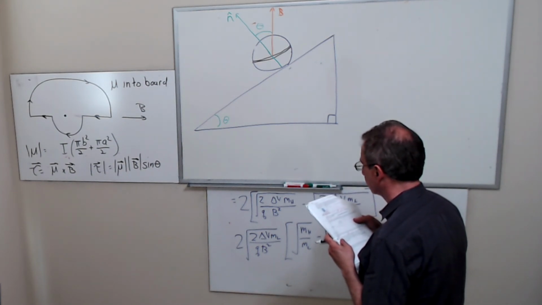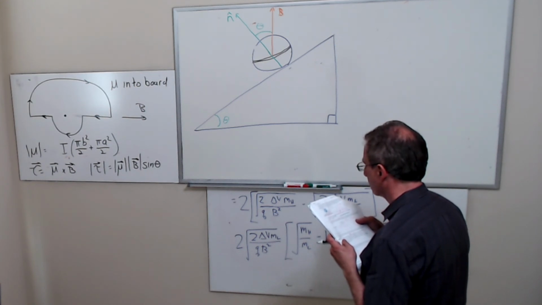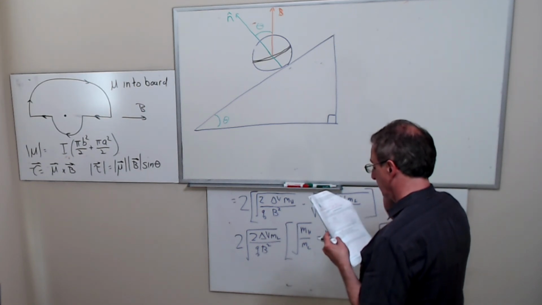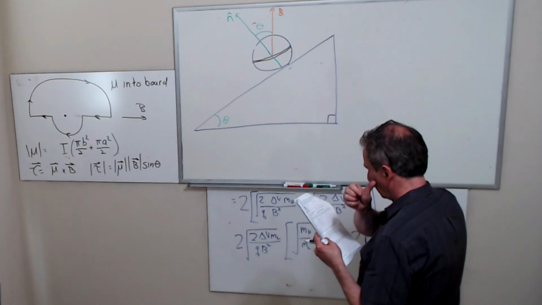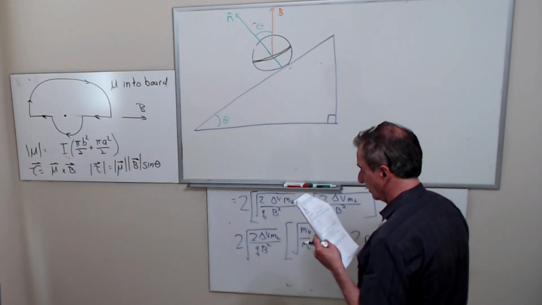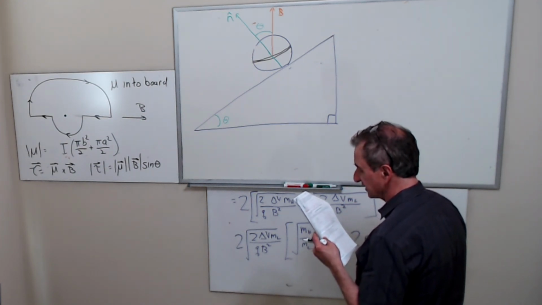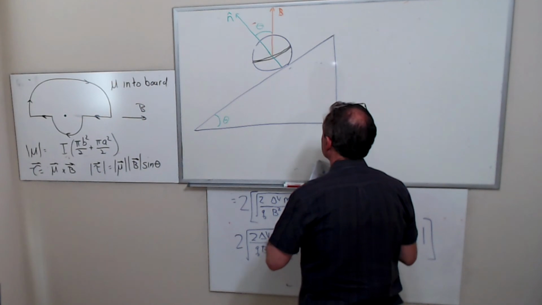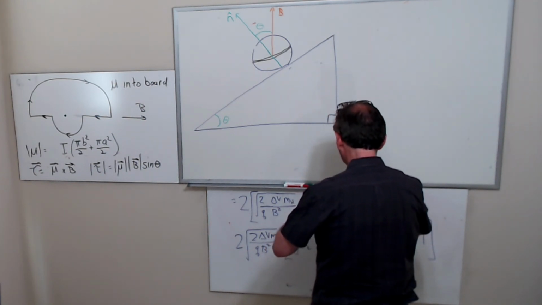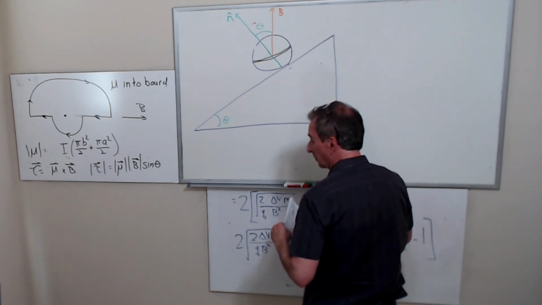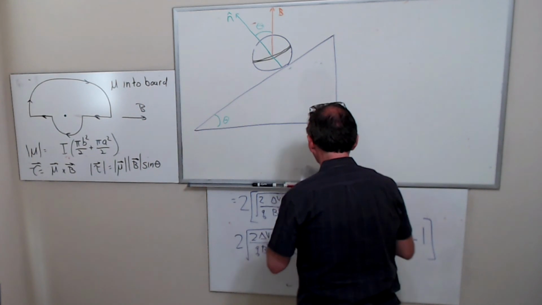Hold on a second. It's got to stay up because of friction. Let me draw a free body diagram. Now I've got to use a different color. Let me use red for my free body diagram. This is getting complicated.